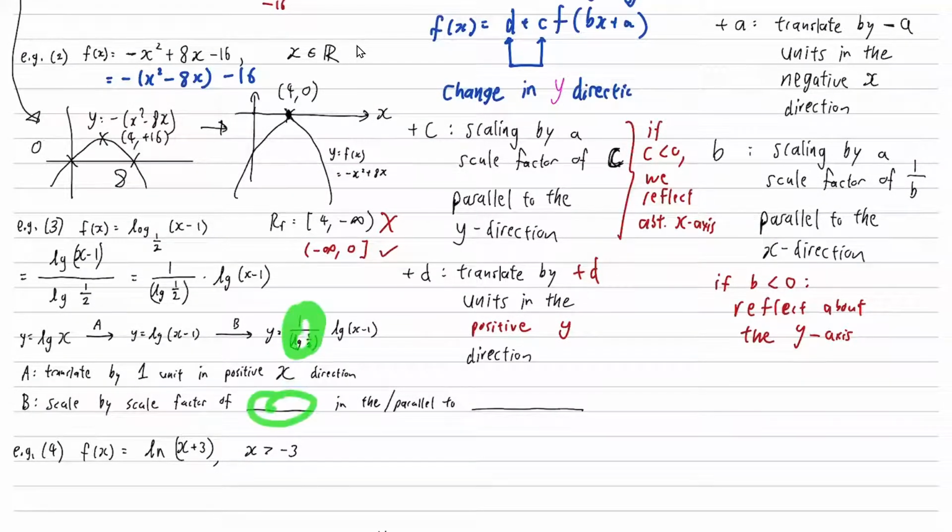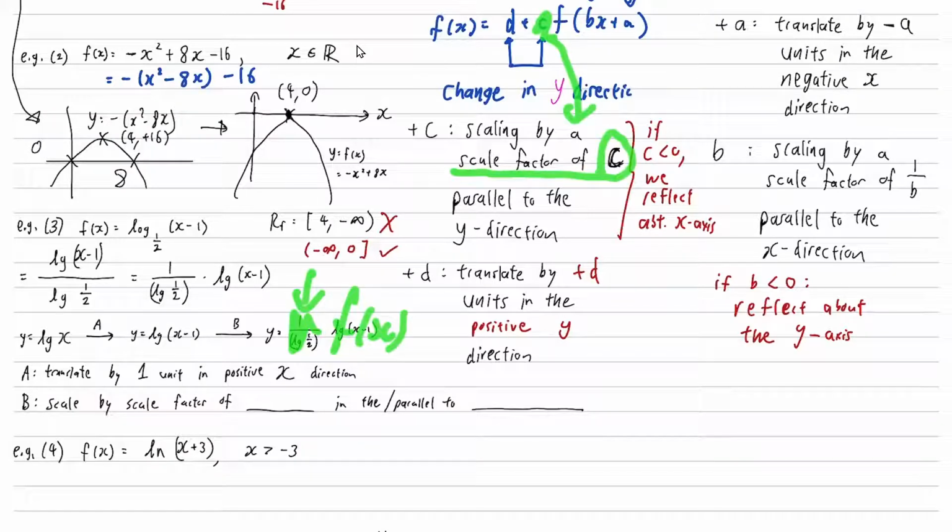Look carefully. Here is your fx, right? And then you have a c in front. So for C, what's the pattern? Do you need to flip it, or do you just copy the entire thing? Just copy the entire thing. So that means that it's scale factor of 1 over lg half.